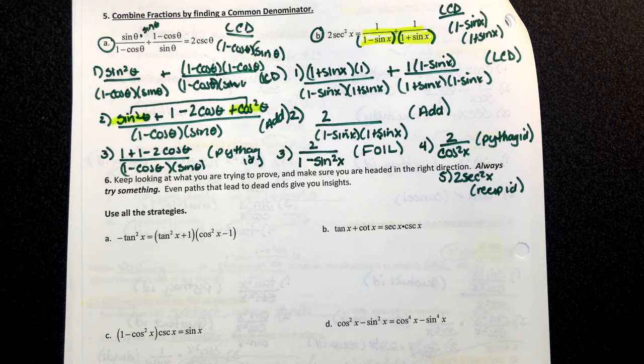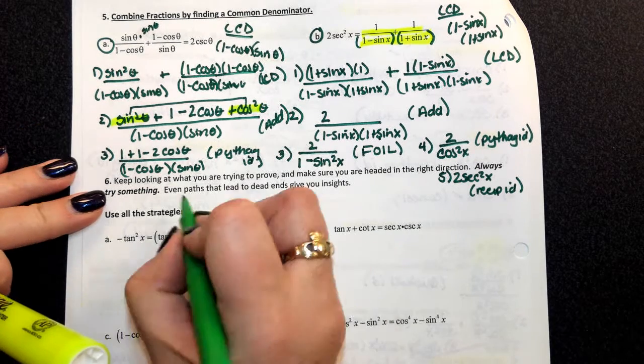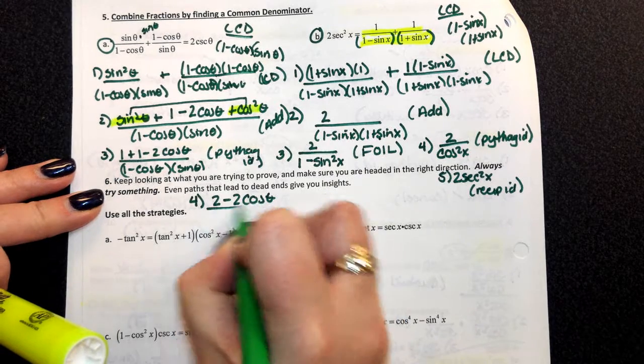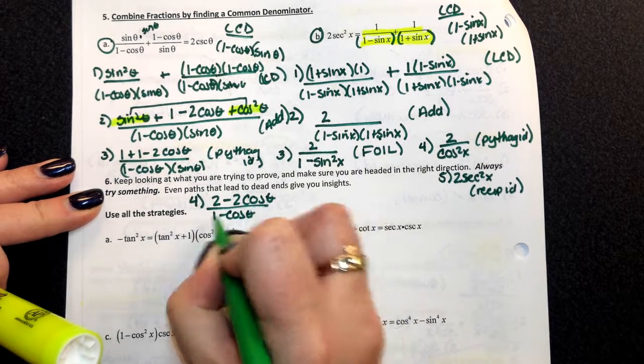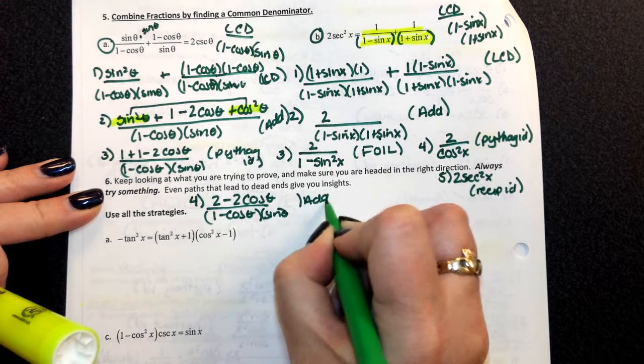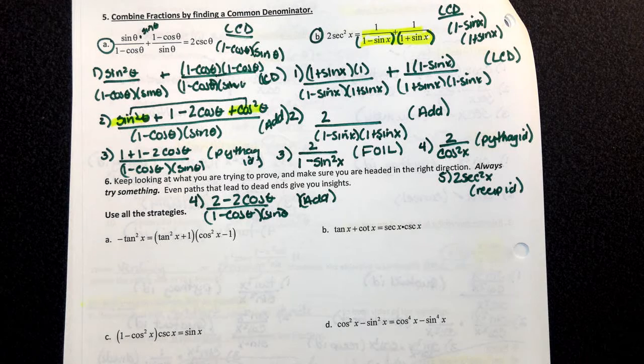Now what else can you do in the numerator? What can you now add together? What's 1 plus 1? 2. Now look at where you're trying to get to.